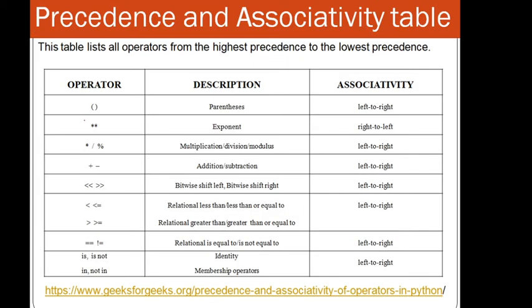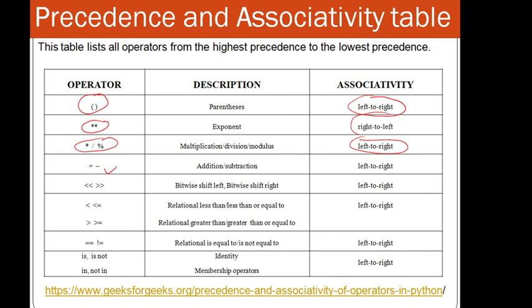So this is the precedence and associativity table, which you can see over here. First of all you have parentheses, then you have exponent, and corresponding to that the associativity is also mentioned: left to right, and this one right to left. Similarly, you can see that plus, multiply and modulus are at the same level, they have the same precedence, and their associativity is left to right.